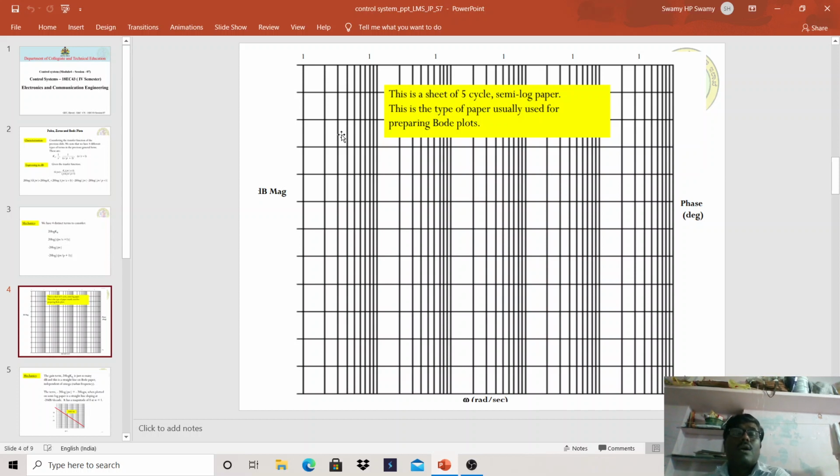Depending on that, you have to select the scale. Usually in Bode plot, this left y-axis is used for magnitude, and this right side y-axis is used for phase angle. Omega, or frequency in radian per second, on the x-axis is common for both.